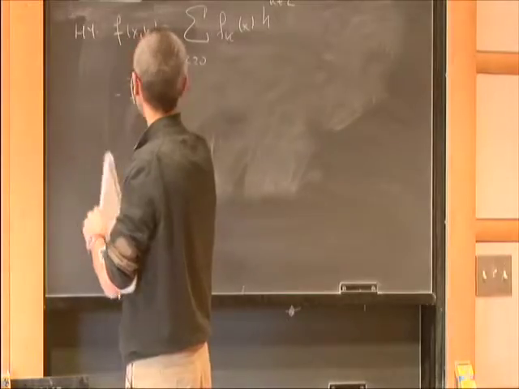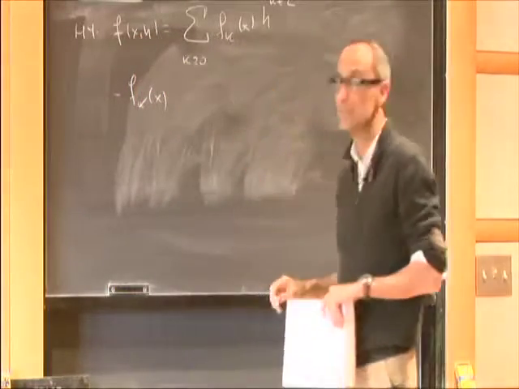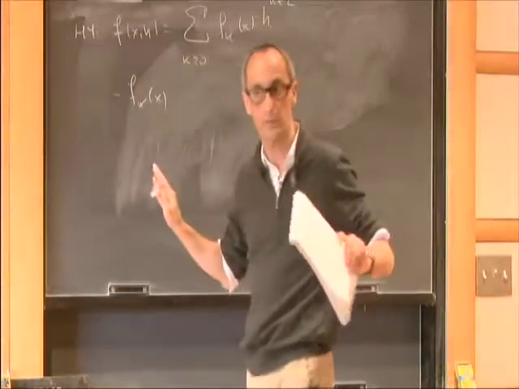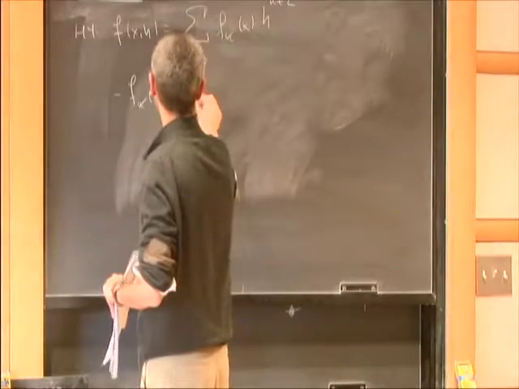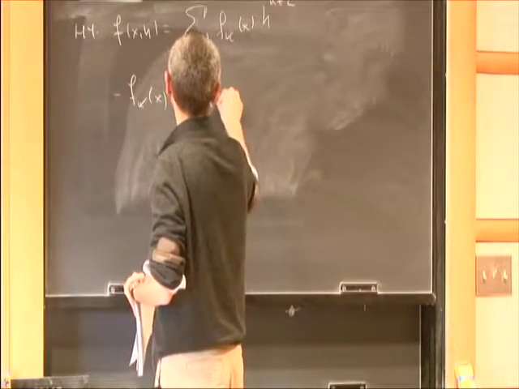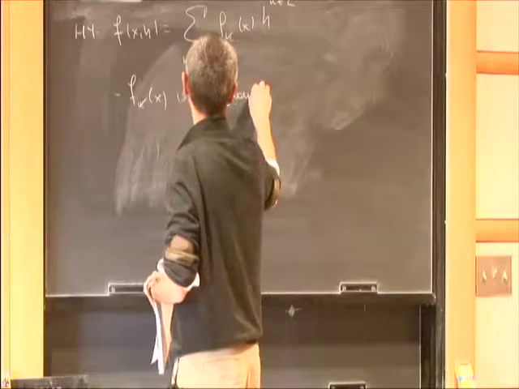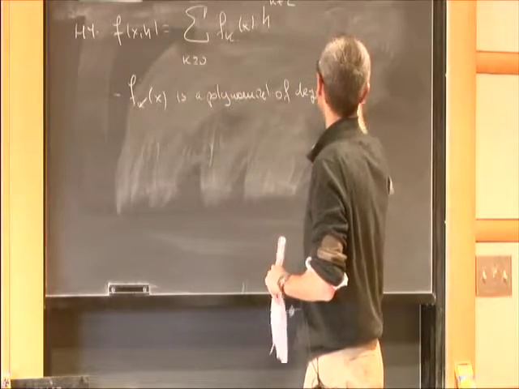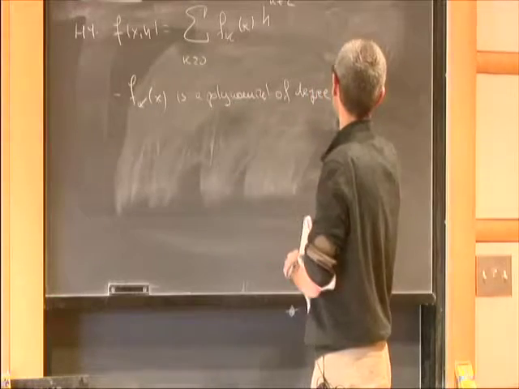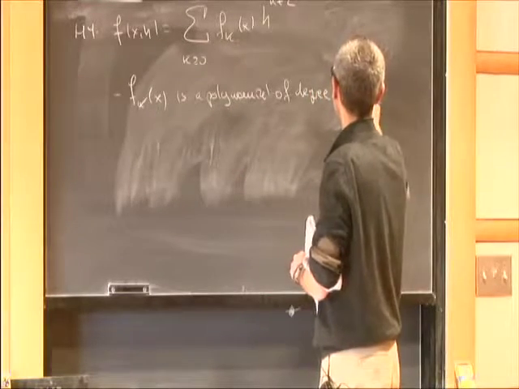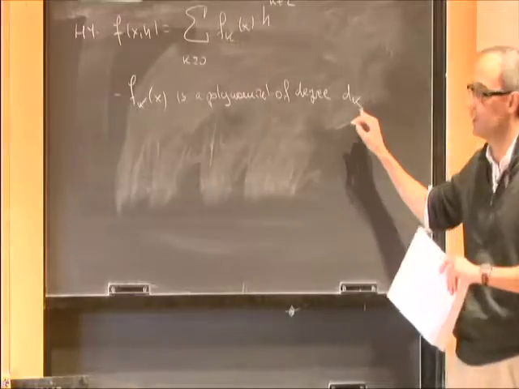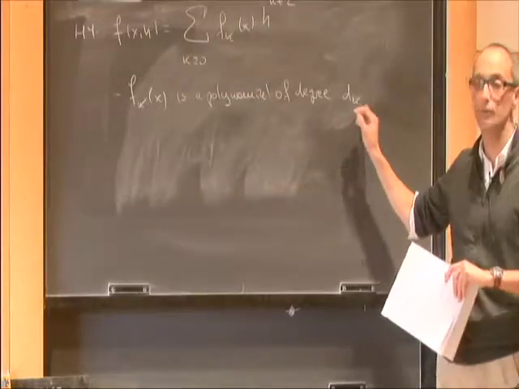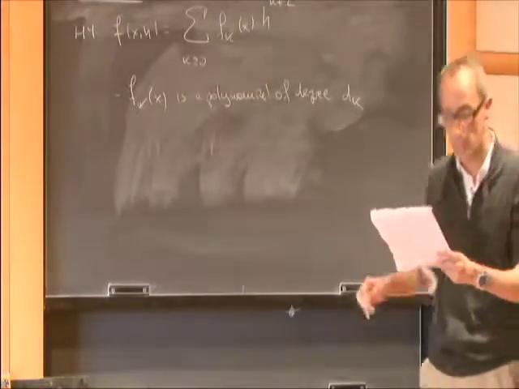And now I assume that each of these f_k is in fact a polynomial. This is something that is new, is a polynomial of degree, let me say, d_k. Exactly d_k, precisely d_k. I mean, it's not a polynomial of degree d_k minus 1.